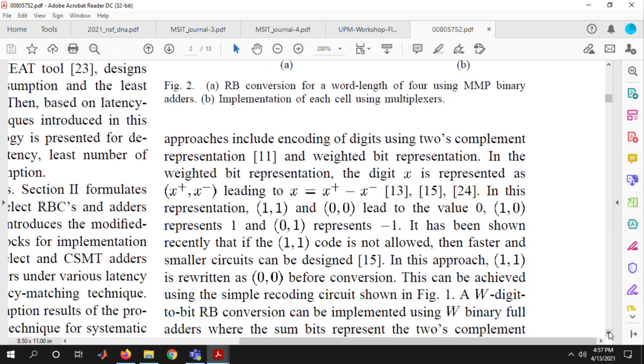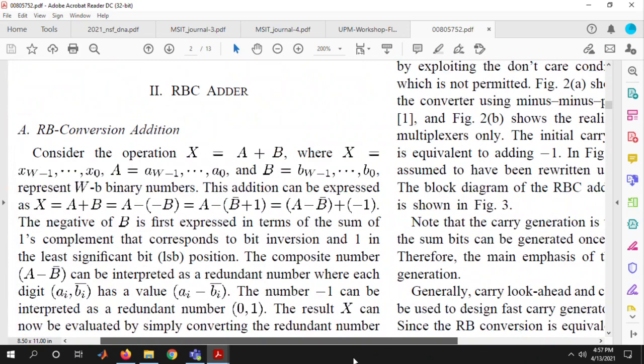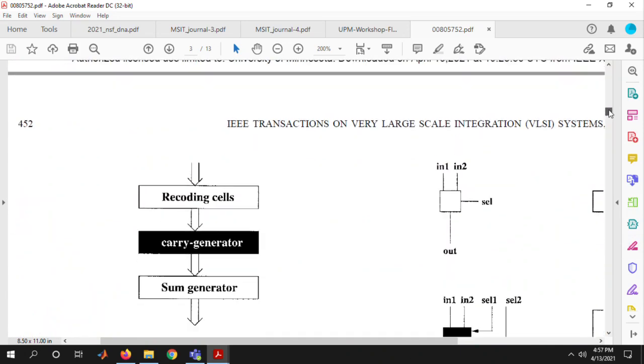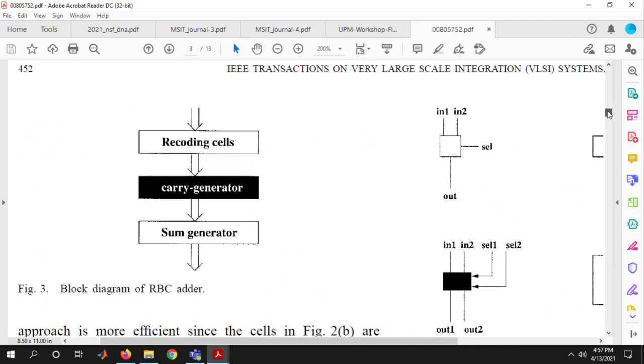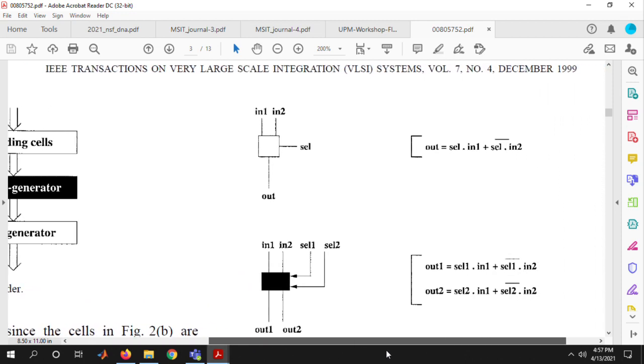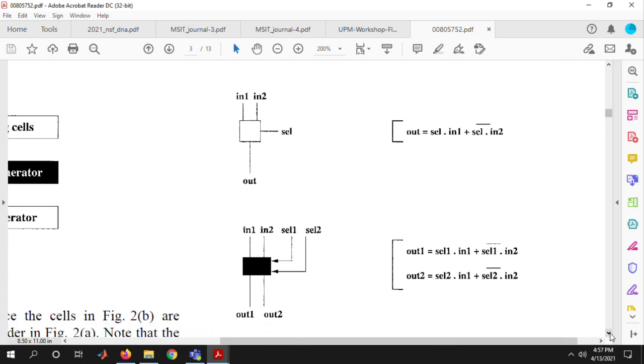Let's take a look at some of the basic ideas. The PG logic is replaced by recoding, carry generator, and sum generator, in the same configuration. Everything in this paper is based on using multiplexers. One multiplexer selects in 1 or in 2, depending on whether select is 1 or 0.